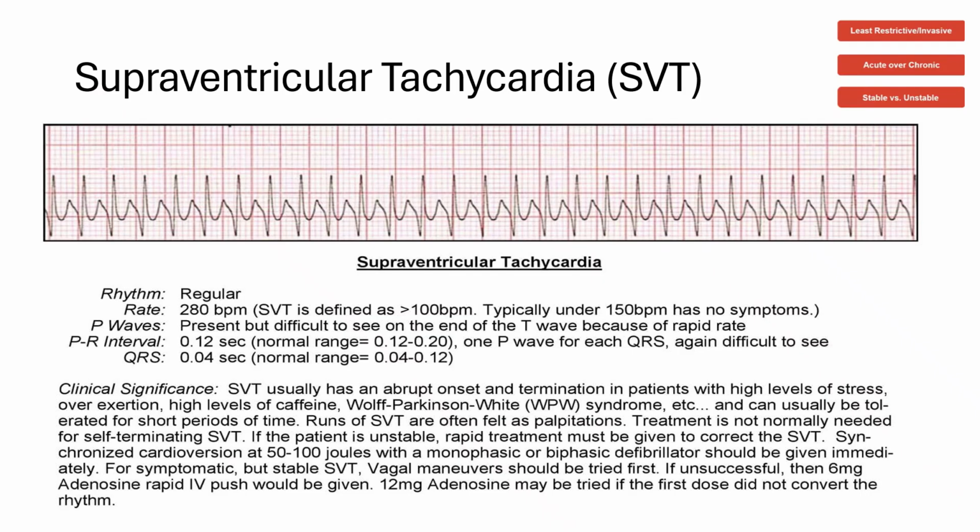Obviously, ideally, you want to medicate them before this, and that's the optimal situation, but sometimes you don't have time for that. So just remember with our SVT, if it's stable, we're going to do least restrictive methods such as vagal maneuvers, and medications such as adenosine, amiodarone, metoprolol. And if the patient's unstable, we drop everything we're doing, any medication, and we go straight to synchronized cardioversion.